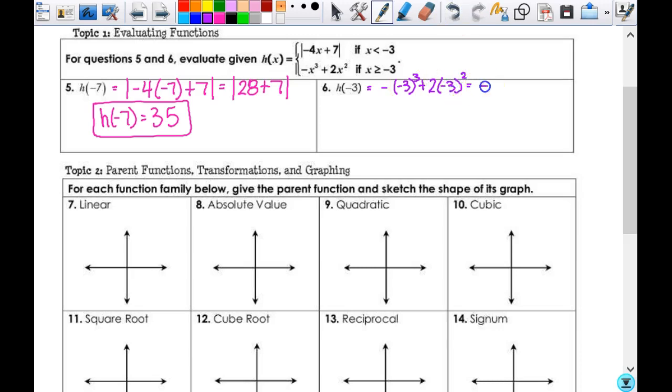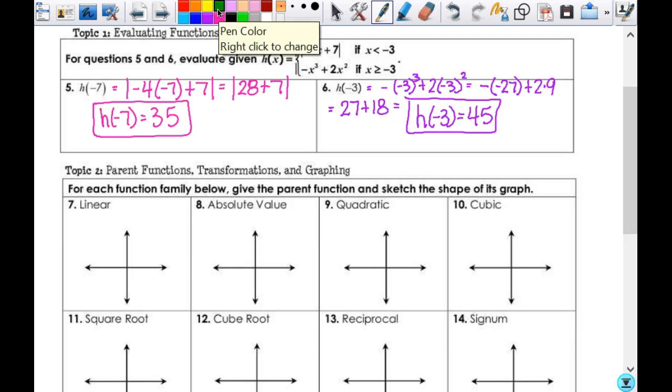So this is going to give me negative, and then -3 cubed is -27. -3 squared is a positive 9. So -(-27) is positive 27 plus 18. So 27 plus 18, if I add 20, I get 47. Subtract 2, and I get 45. So h of -3 equals 45. There you go.